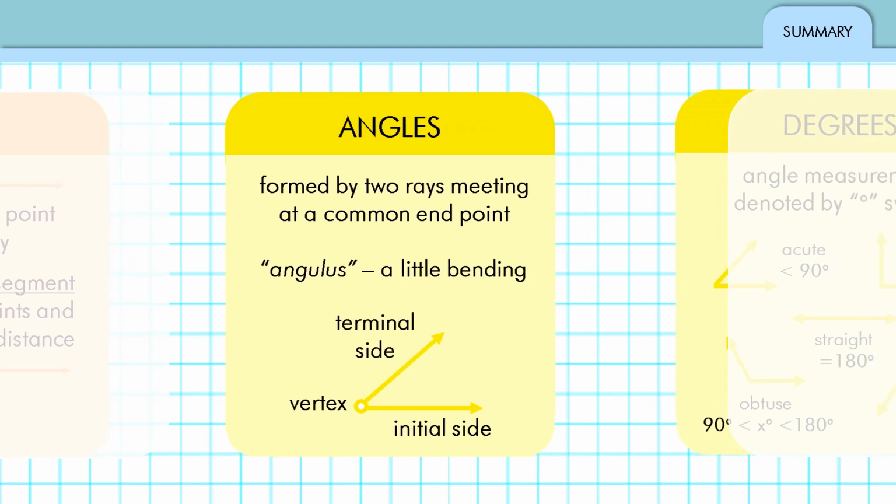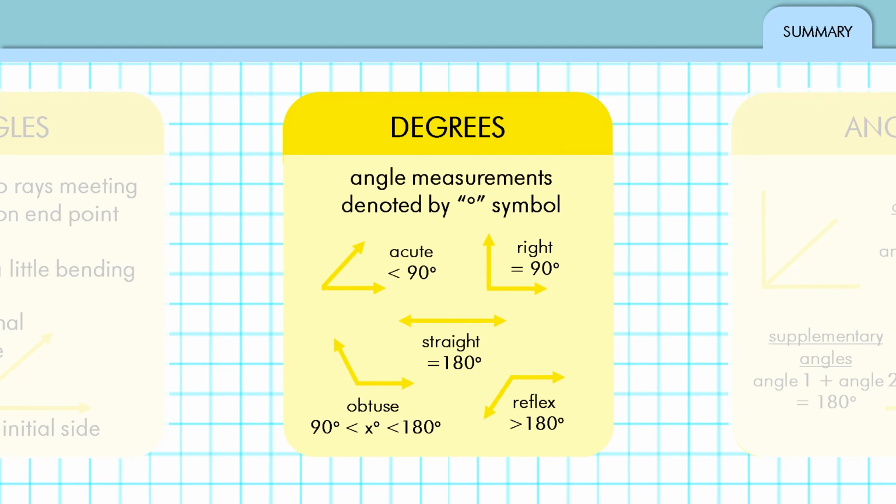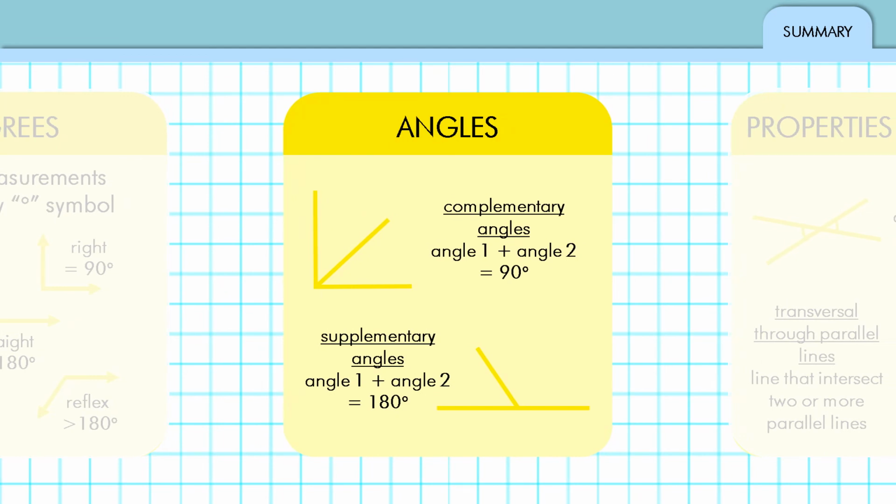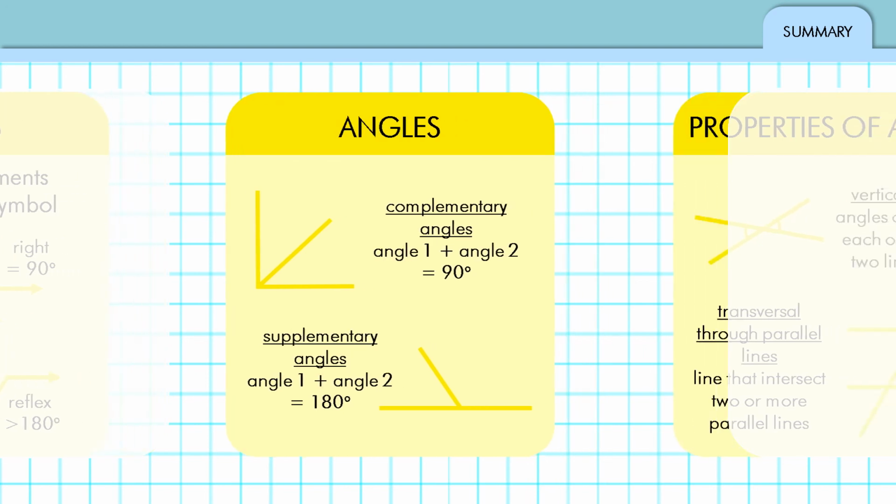And we also talked about degrees, and that the degree is an angle measure that considers 1 full rotation equal to 360 degrees, and there are different types of angles according to their degree measures. In addition, we talked about complementary angles and defined that complementary angles are formed if 2 angles sum up to 90 degrees, while supplementary angles total to 180 degrees.